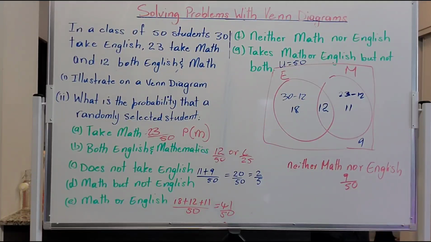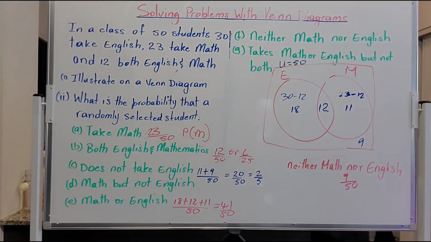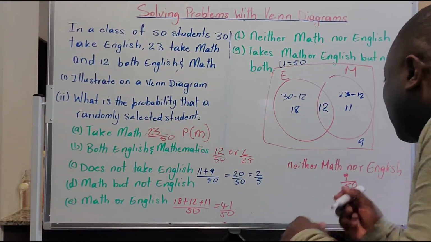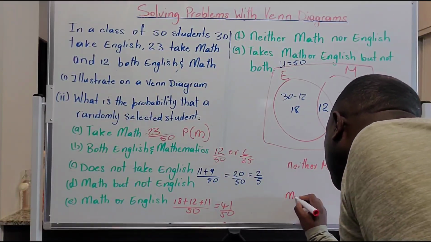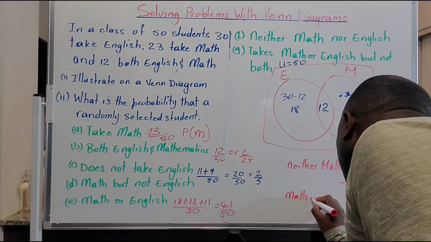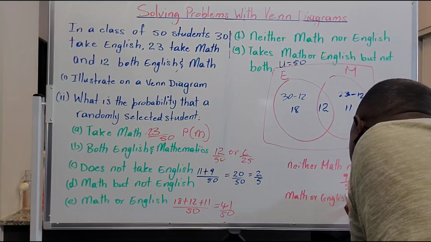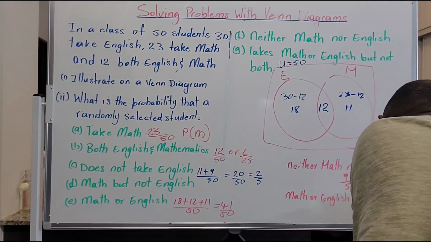And the last one is math or English, but not both. So math or English, but not both. So look at it, guys. Who is doing math here? So we have 18 here. Math or English, not both.